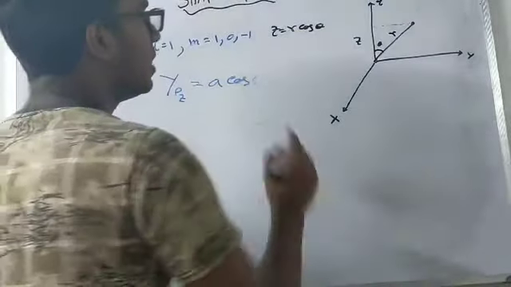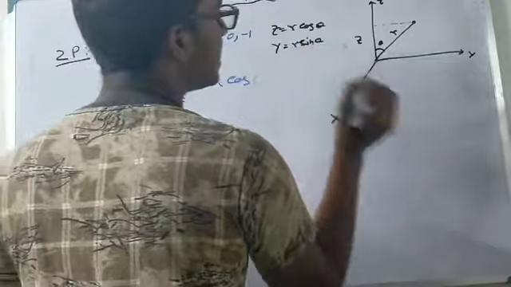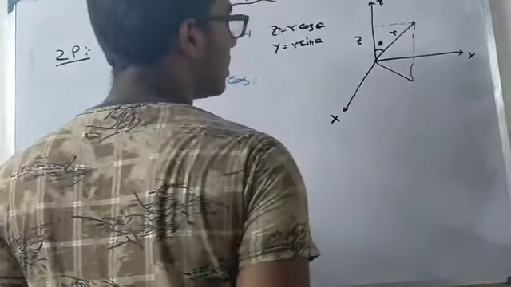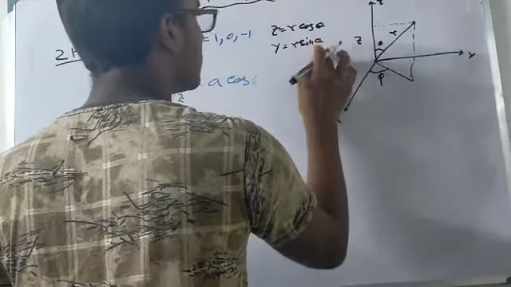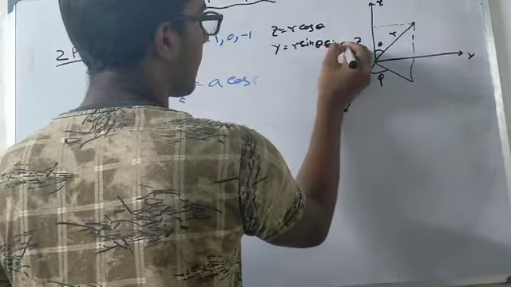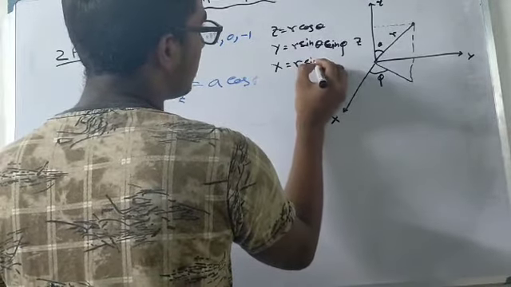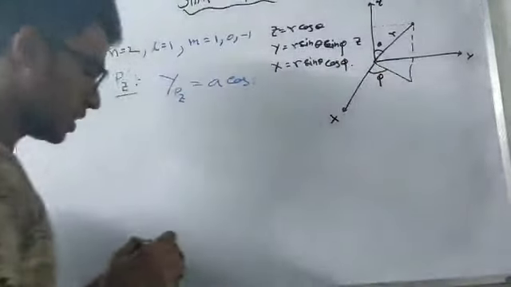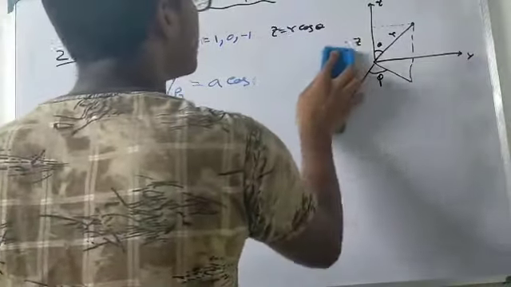Now what is the value of y? This is r sine theta. If this angle is phi, then y equals r sine theta sine phi, and x equals r sine theta cos phi. We do not require these two equations.